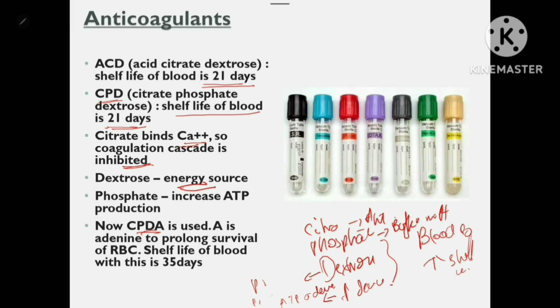So this will help viability in blood storage, and especially in blood transfusion. So basically this CPDA is used in packed RBC to increase the shelf life of the blood bank.